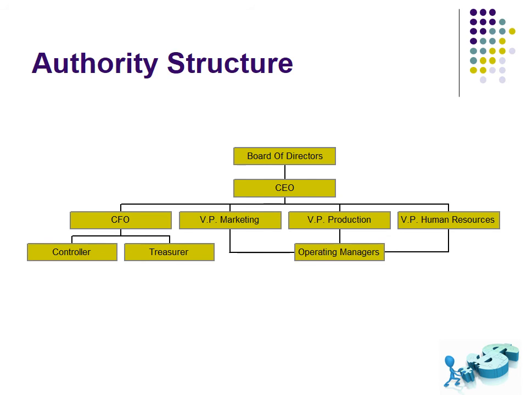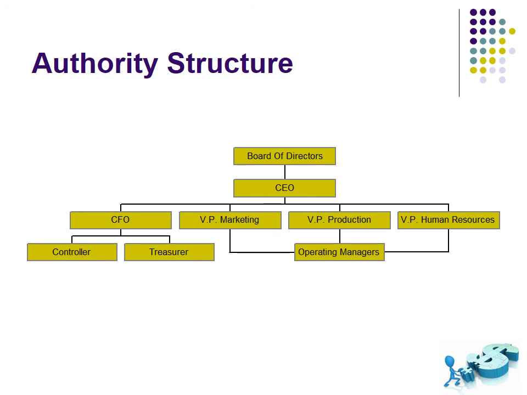We could have a Vice President of Research and Development. So your vice presidents are kind of like the head of their each individual departments. And under those heads, they're going to have somebody reporting to them who is typically their operating managers, who ensure that their department and their function within the company is actually functioning properly.